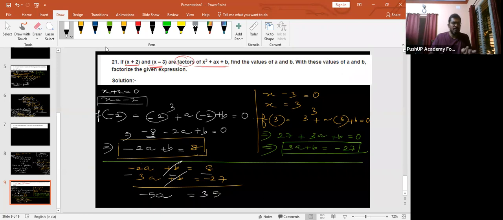That's nothing but 35. So it's positive 35. Please don't write it as negative 35. Okay, it's 8 minus 27. So 8 minus is what? Plus. So 8 plus 27, which is equal to 35. Okay.